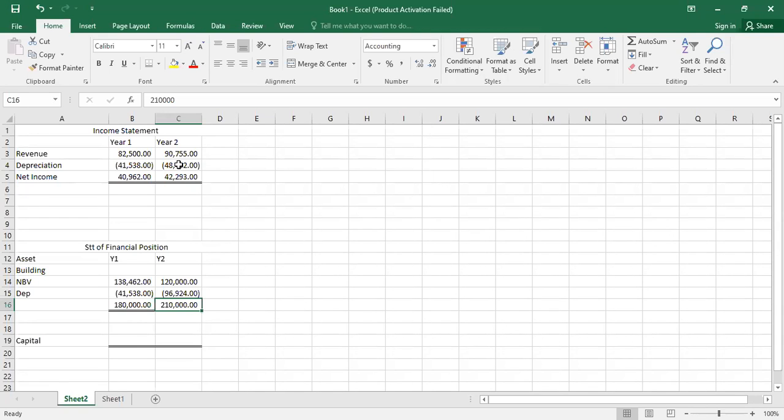So what is 210 minus 96,924? I wanted us to read it from the same page. 113,076, 113 and 76.